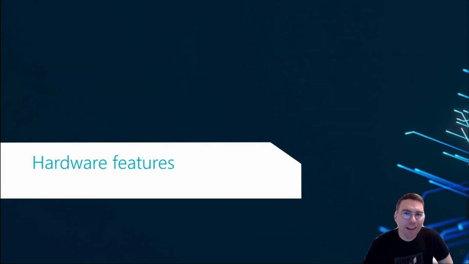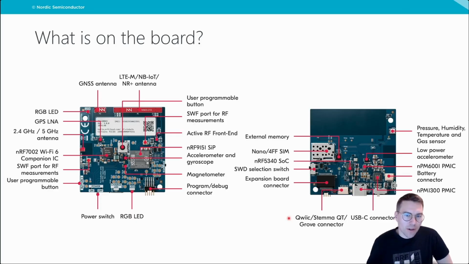Let's take a look at the hardware features of the Thingy:91 X. So the board consists of two sides, and on the top side, let's take a look at the red squares here.